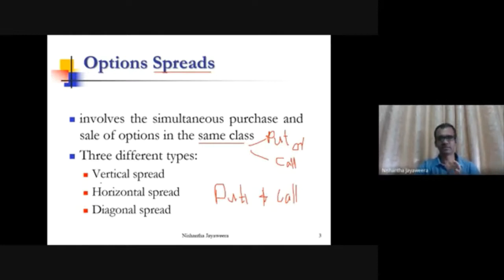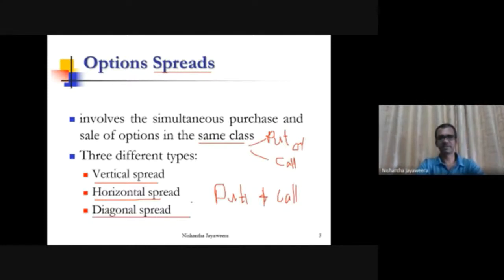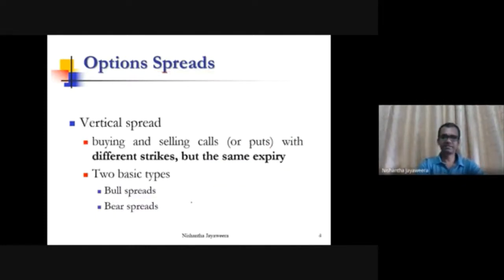Within spreads, we are going to discuss three different types: vertical spread, horizontal spread, and diagonal spread. I'll explain what is vertical, what is horizontal, what is diagonal. In a vertical spread, we buy and sell options with different strikes but the same expiry.